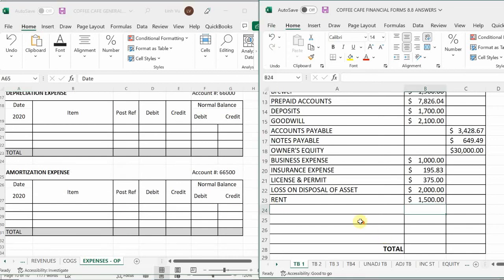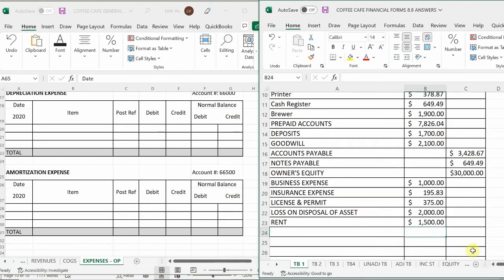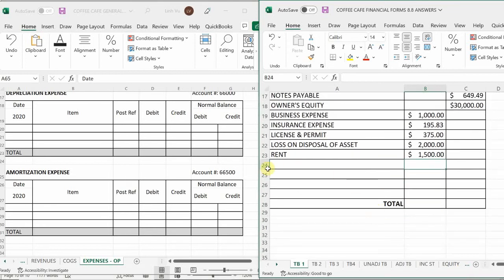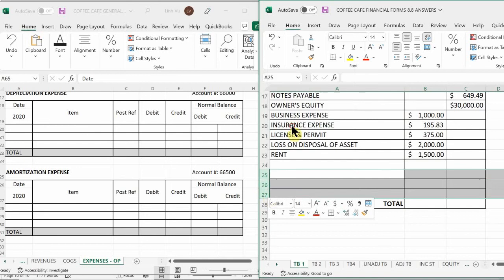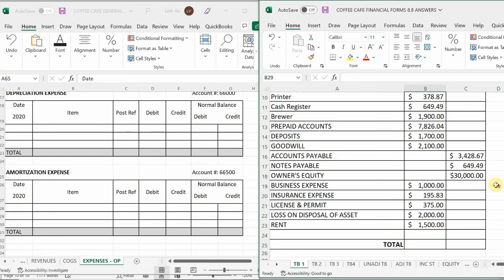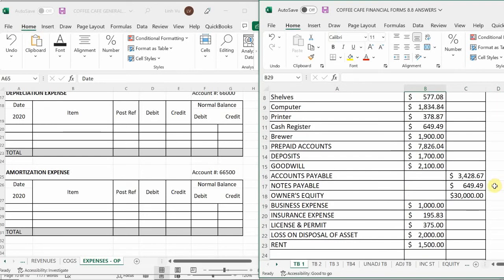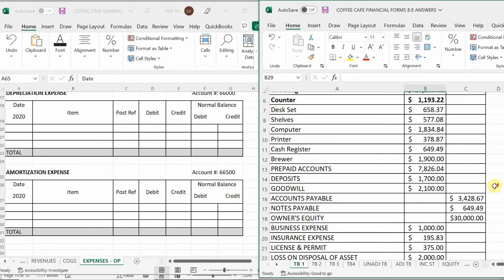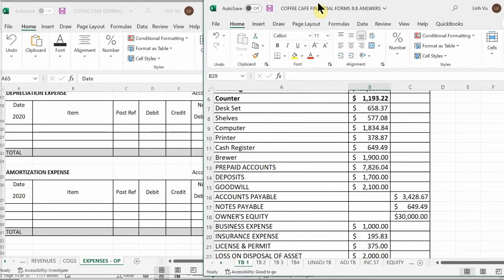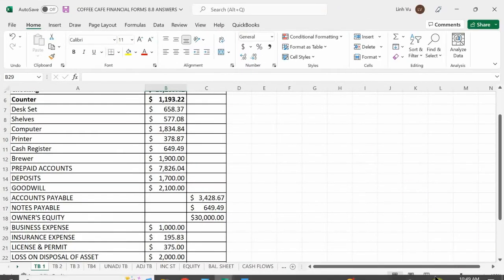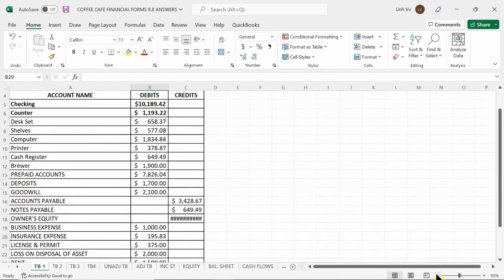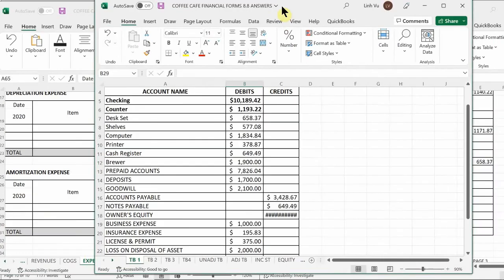Okay? So now let's go ahead and figure out our balances, right? How much do I have on the left and how much do I have on the right? Okay, so go ahead and take the time to calculate all of your numbers here. Okay, let me shrink my screen for you guys so you can see it all together.